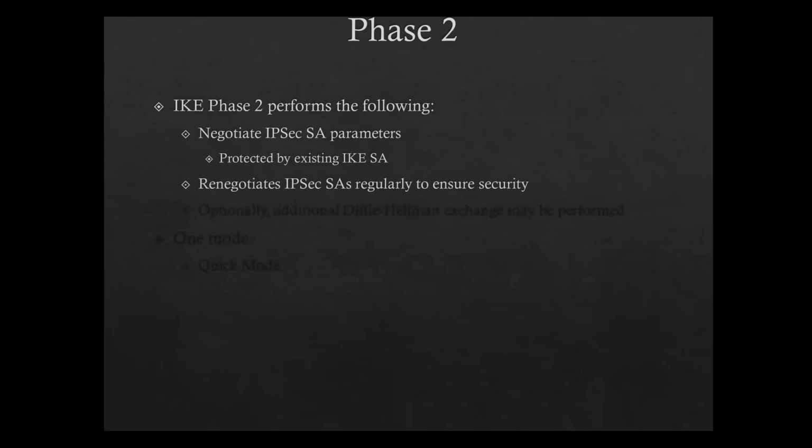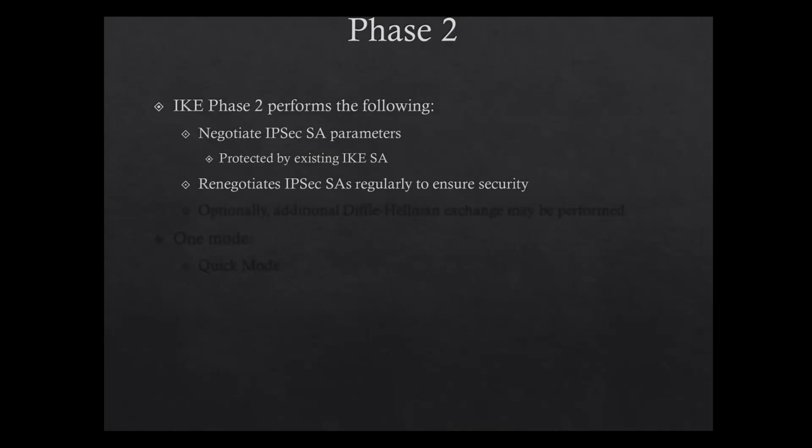This is called PFS, Perfect Forward Secrecy. It is used if you want whatever negotiation has happened in phase 1, from the DH algorithm point, to happen again for security reasons.